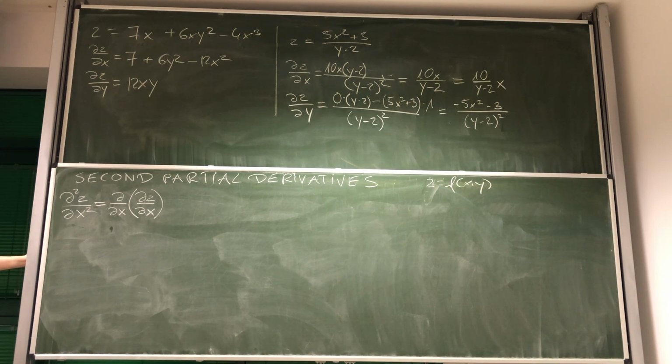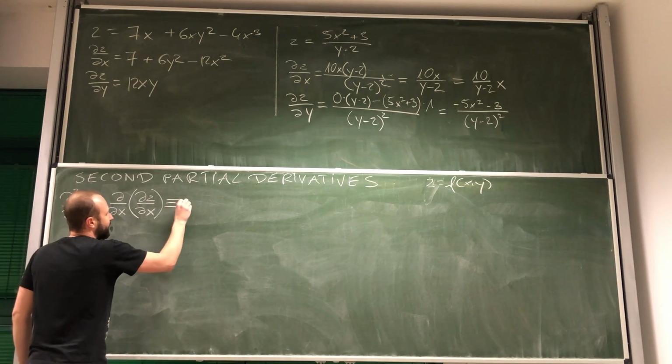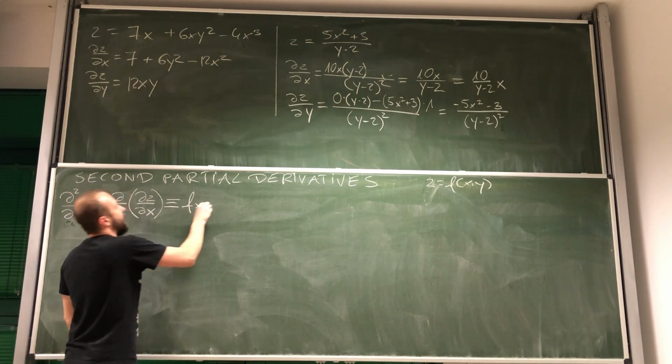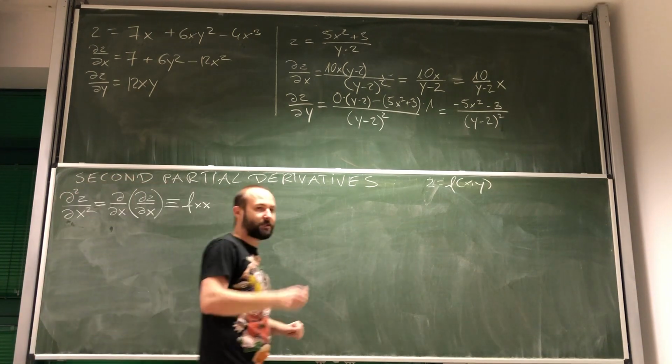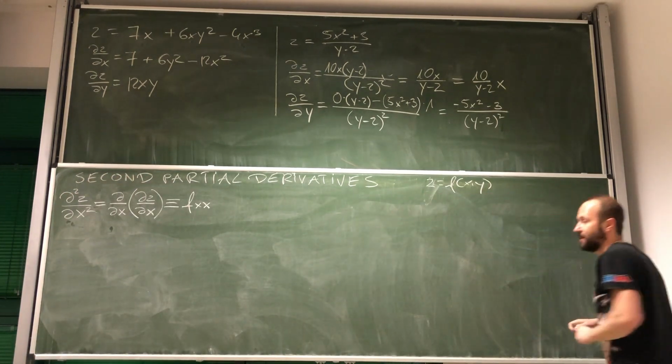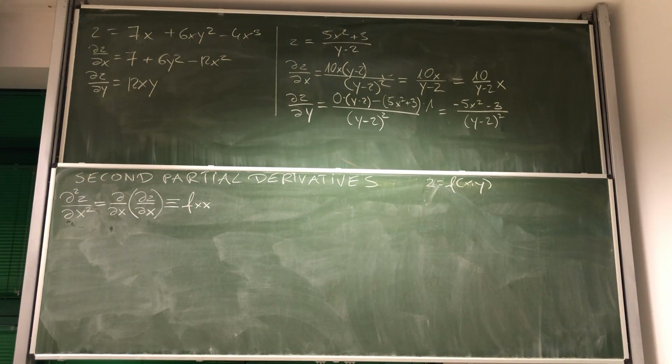As a result, I'm obtaining an expression like this, which by definition is f_xx. So in this case, we differentiated with respect to x twice. But this is not all that I can do.